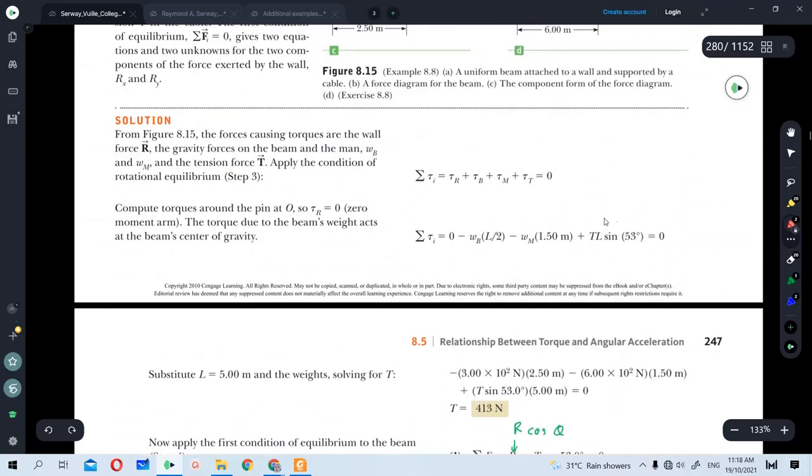Right, so this is the torque from the tension. The lever arm is 5 meter, while this is unknown. This is the weight by the man, and also this is 2.5 meter, where this is the weight of the beam. And when you add up, it's equivalent to 0.